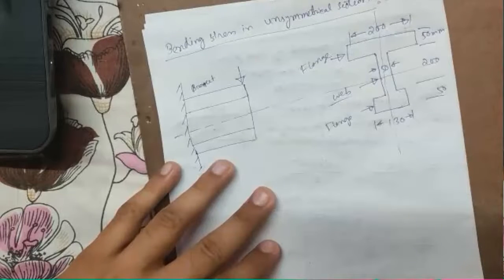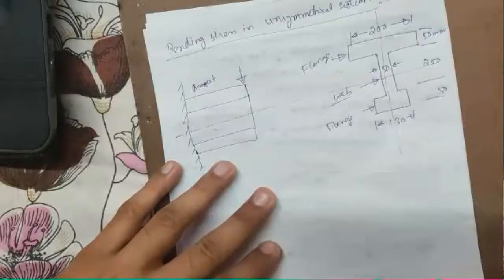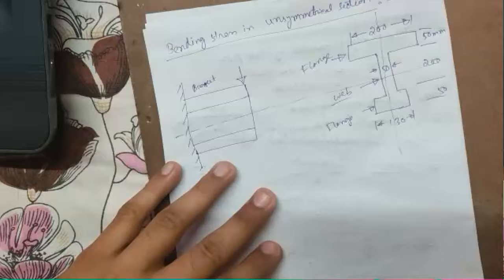You have to find the centroid so that you can locate the neutral axis. The neutral axis will not be at the mid-section vertically, but horizontally it is in the mid-section.